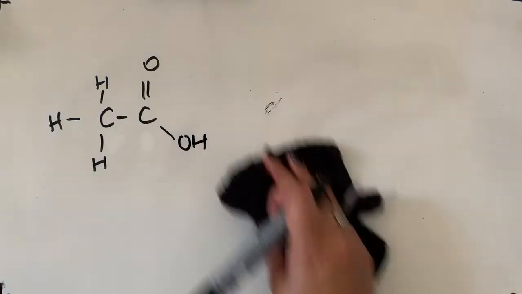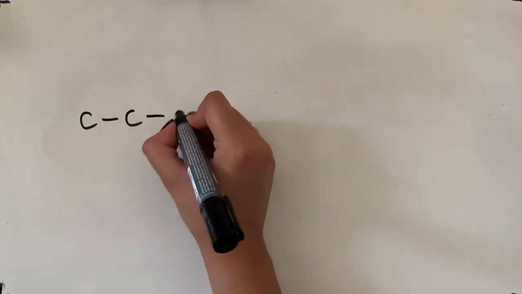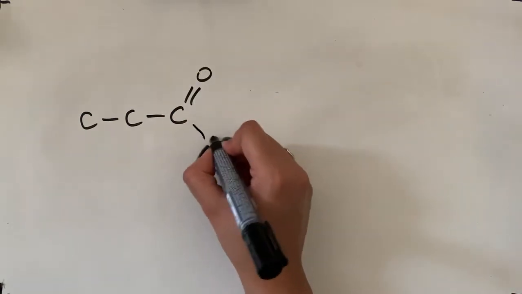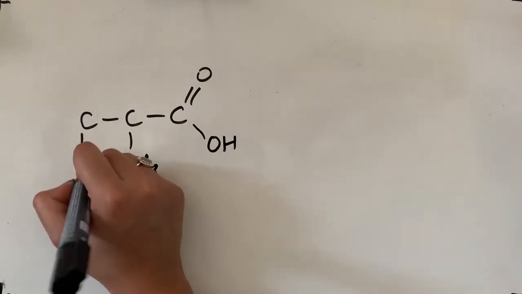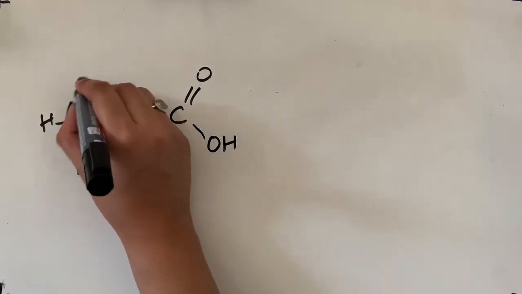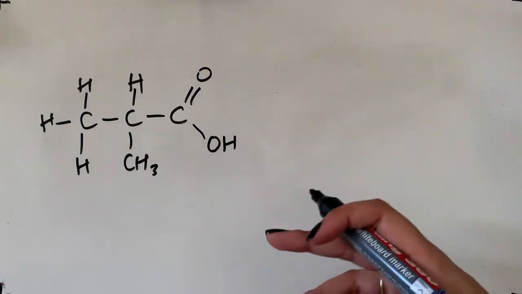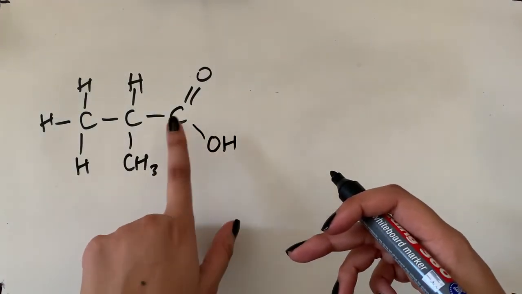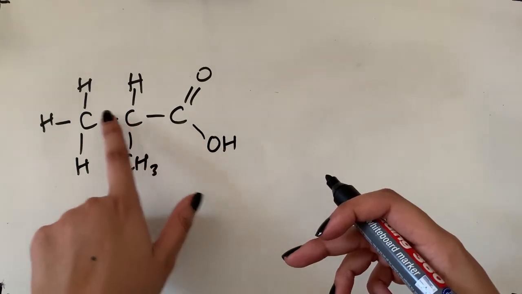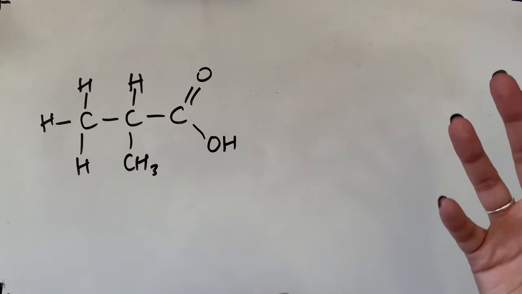Okay, let's just have a look at how we name some branched carboxylic acids. So with these, again, we always identify the longest carbon chain. In this one, you always start from the carboxylic acid, so 1, 2, 3. Equally, I could have gone 1, 2, 3. Doesn't actually matter which way.